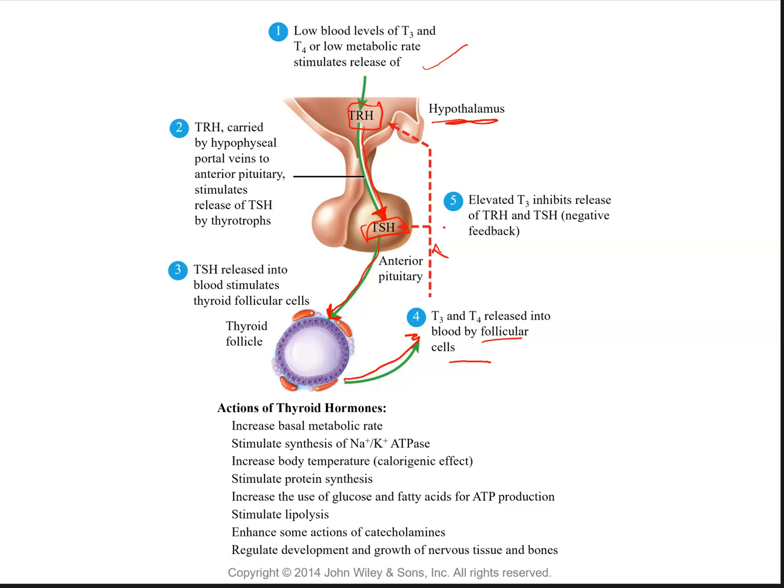Now, the way feedback mechanism occurs is also by the presence of elevated levels of T3 in the body. So when we have too much T3 in the body, the anterior pituitary gland gets inhibited, and it also inhibits the thyroid releasing hormone in the hypothalamus.